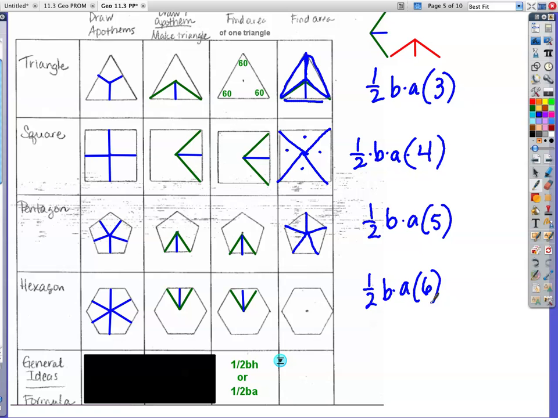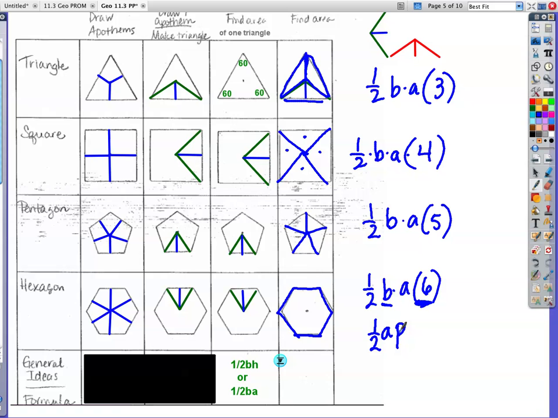Do you see what's happening? Kind of a little pattern. Here's what I want to point out. If I have a base and I have 6 of those bases, what does that end up being? Oh yeah, that's a perimeter. So instead of base times 6, couldn't I say 1/2 A, and base times 6 is actually my perimeter?